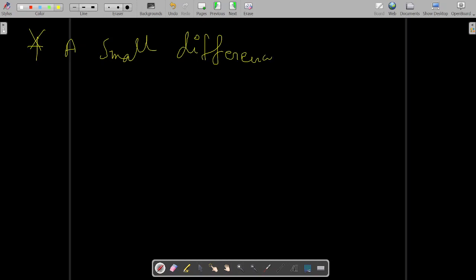A small difference appears due to binding energy of the electrons.